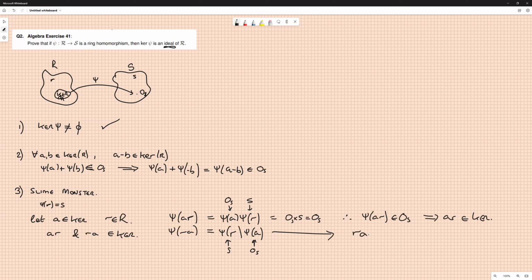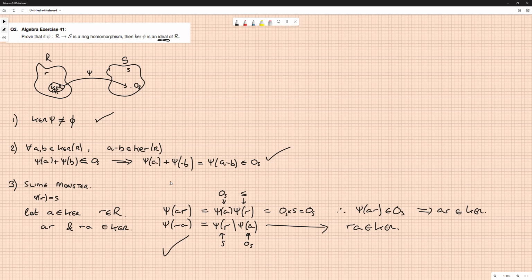So we know that RA exists within the kernel, and we've now shown all three things hold. Just to be absolutely sure, there's the slime monster. So we have proven that the kernel of phi is an ideal in the ring R.